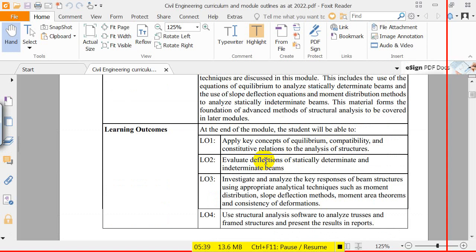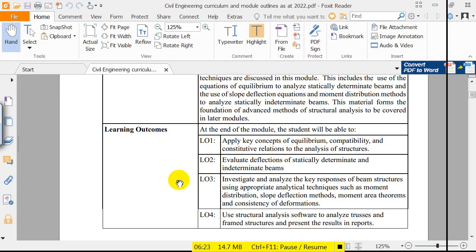The learning outcomes are what we expect you to achieve at the end of the semester, when you complete this module. The first is that you should be able to apply key concepts of equilibrium, compatibility and constitutive relations to the analysis of structures. We'll see what these terms are.